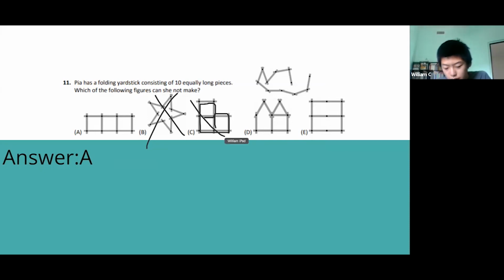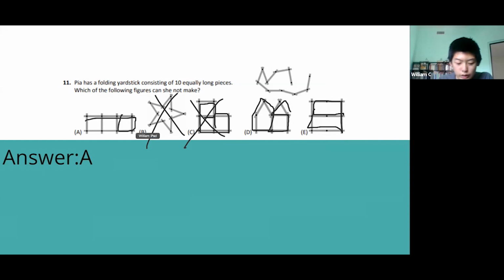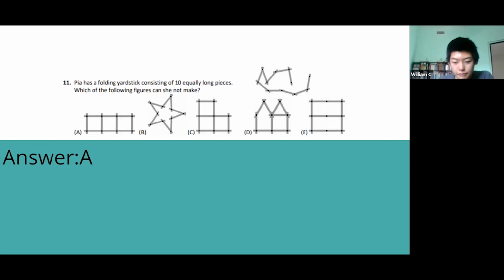The C is also eliminated. Now let's look at D. We can do it like that. Notice that we can eliminate all of them except for A, which is non-eliminatable, because no matter how I try, I cannot make it. So the answer is A. Might have been a little bit hard to see, but all of these actually can be eliminated.